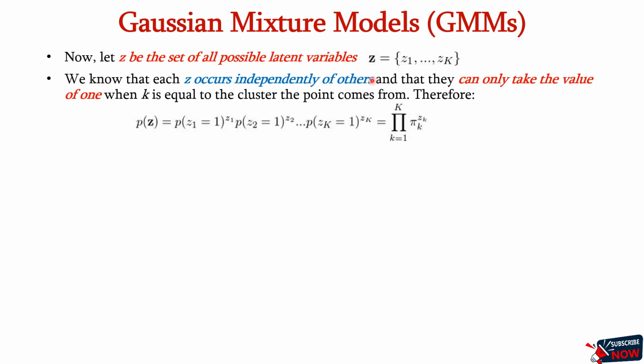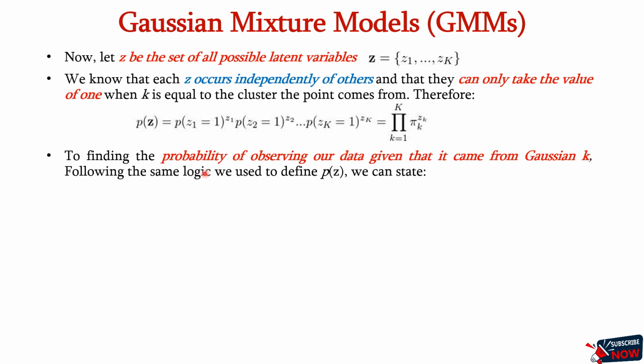Therefore, we can express p of z as p of z1 equals 1 to the power z1, times p of z2 equals 1 to the power z2, up to p of zk equals 1 to the power zk, which in short is the product of k equals 1 to K, pi k to the power zk. Whenever the exponent zk is 1, it indicates that the particular data point has a high probability of belonging to a particular Gaussian k.